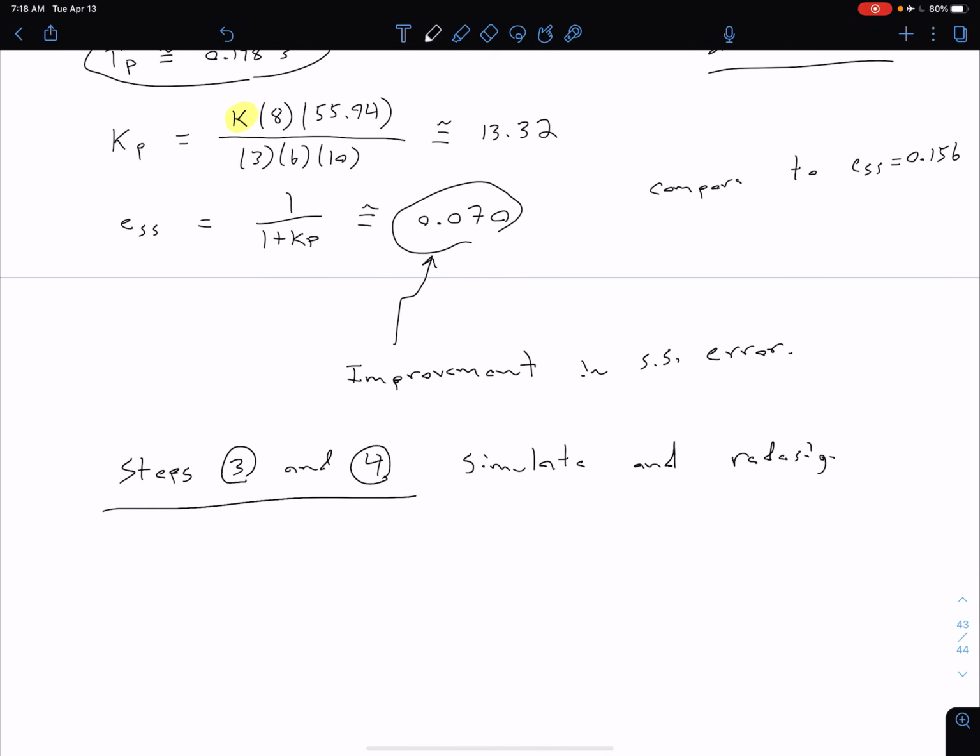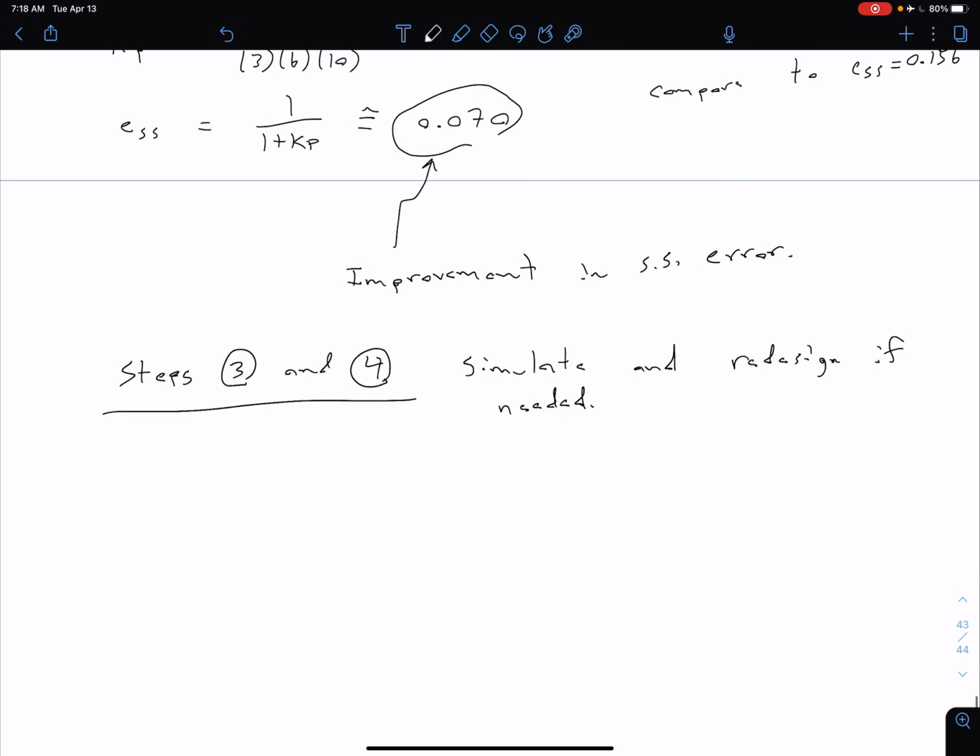I'm going to come back and we're going to look at a plot of our step responses a little later on, but the basic idea is we would want to plot our step responses. So we have our g functions in MATLAB, right? So we had, for instance, our g is equal to transfer function of whatever the numerator is, whatever our denominator is. And remember, as we added that PD compensation, we had to adjust this numerator because we added a zero.